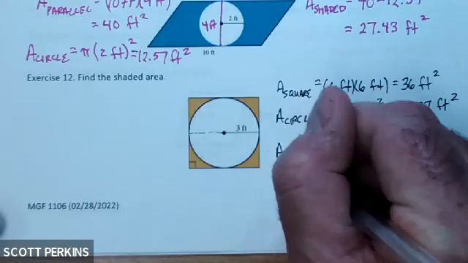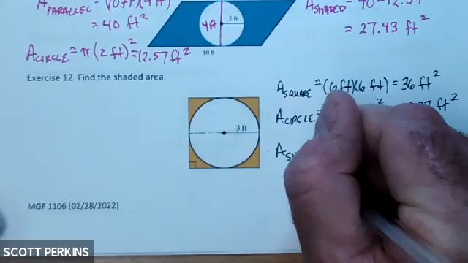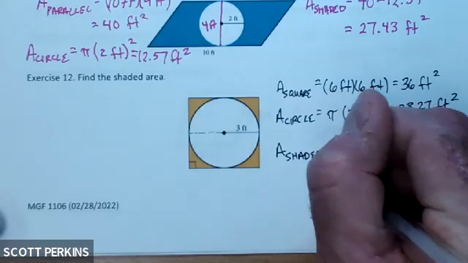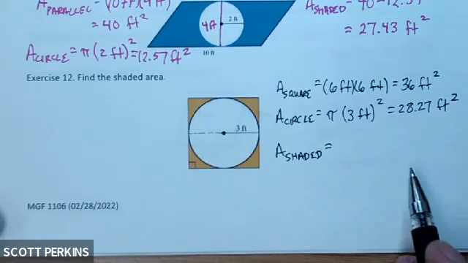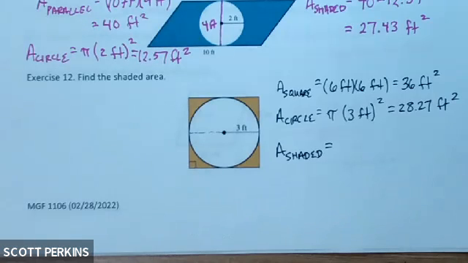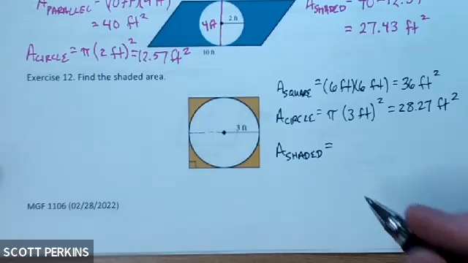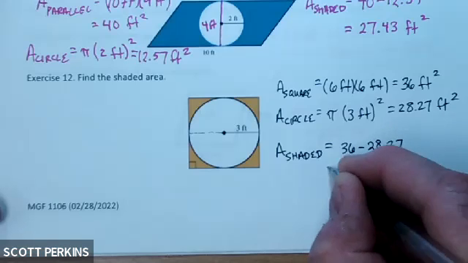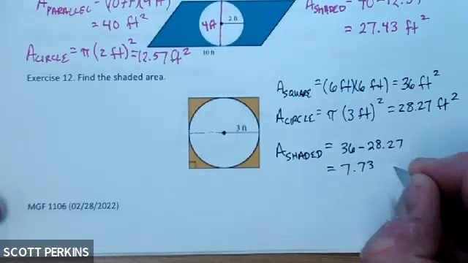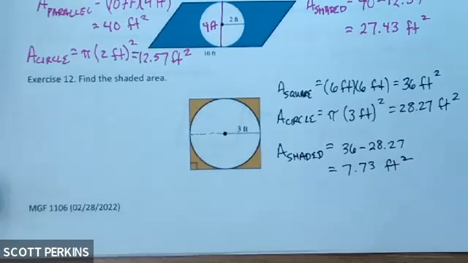And then the area that is shaded, that orange or yellow or gold, whatever it is, is just the difference between those two things. And what do you get when you take the difference between 36 and 28.27? Perfection. Great job.